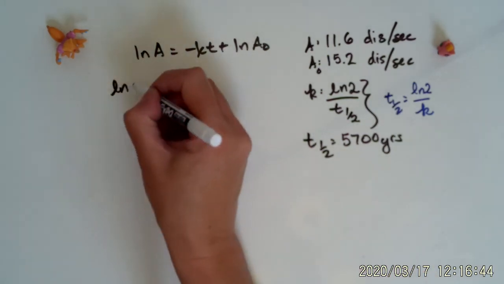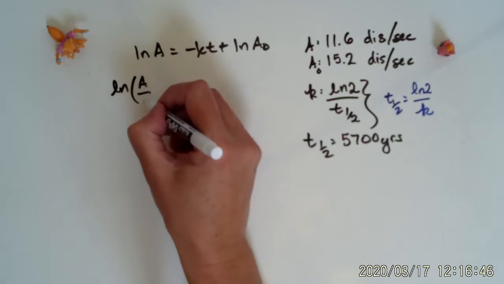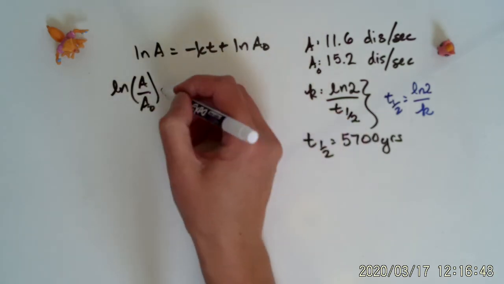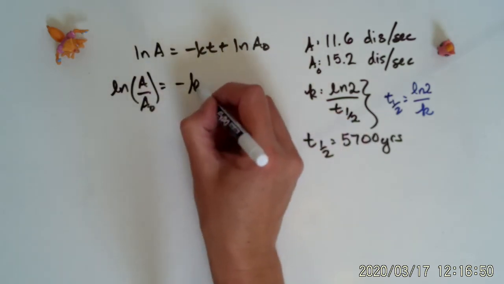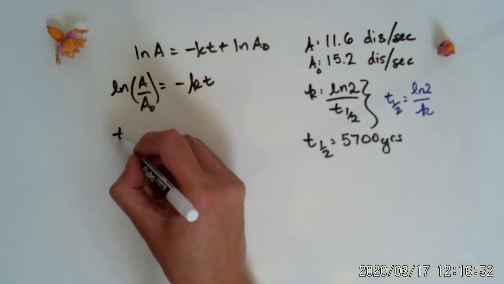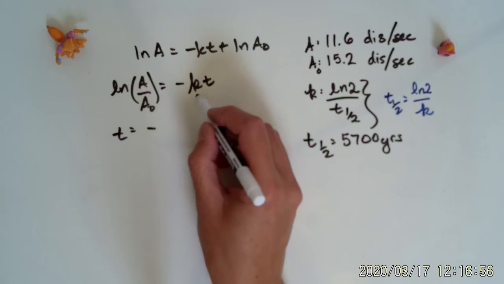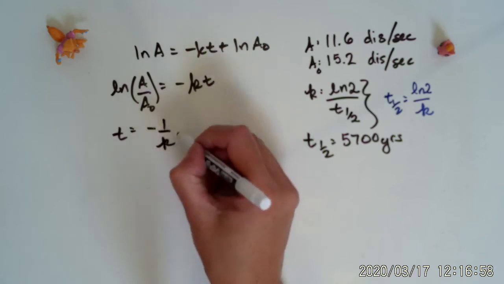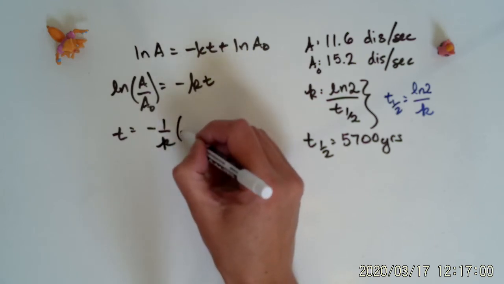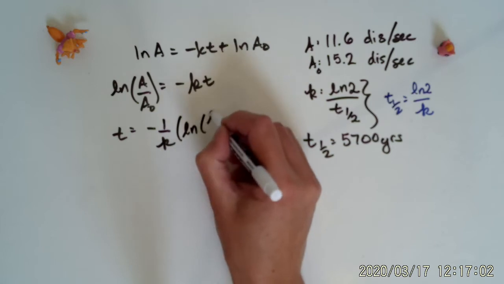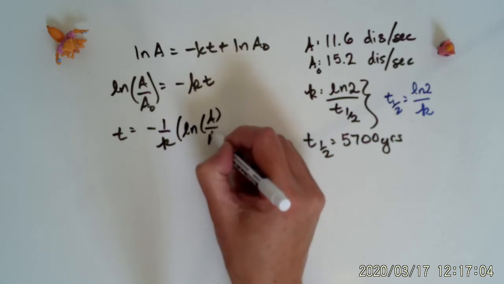So the natural log of A over A naught is equal to minus kt. We're going to solve for t. So t is going to be equal to minus 1 over k times the natural log of A over A naught.